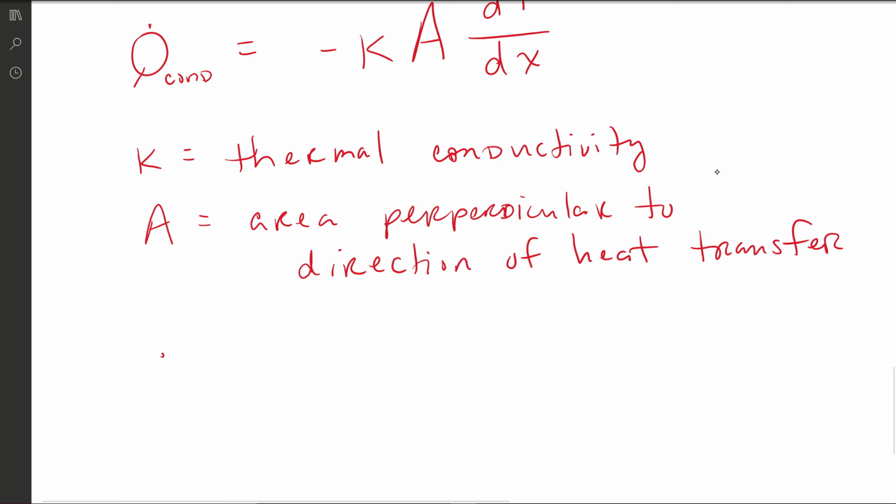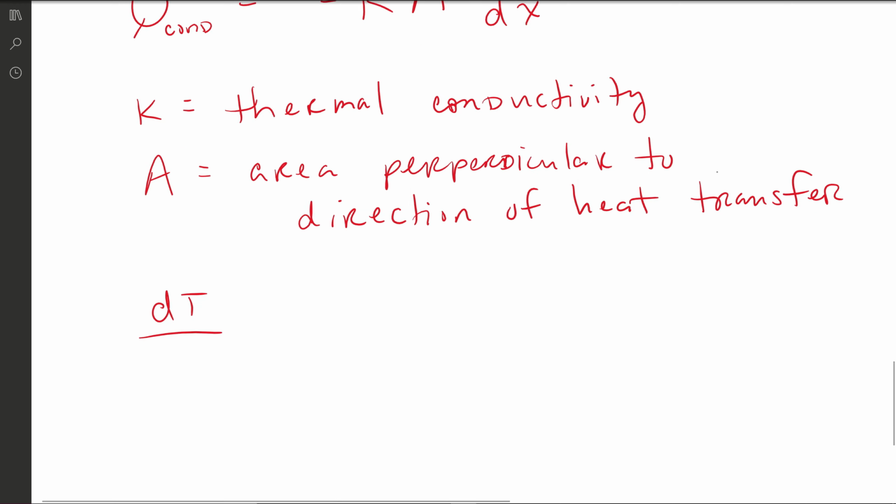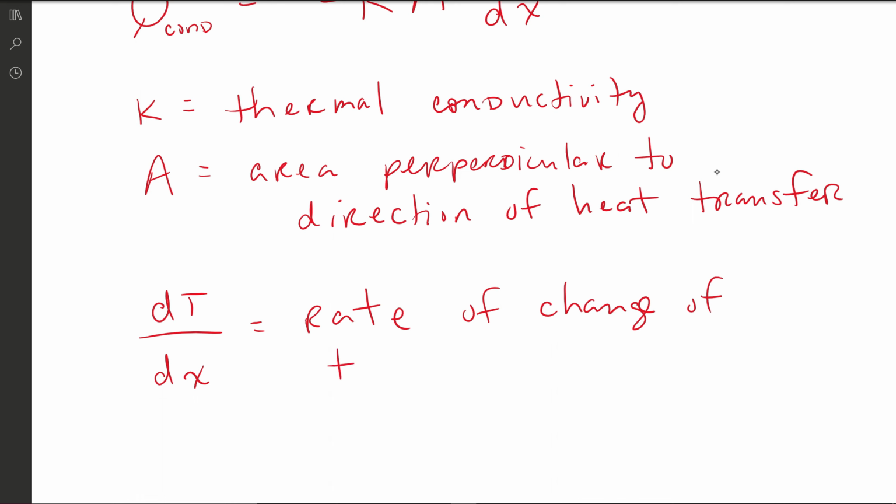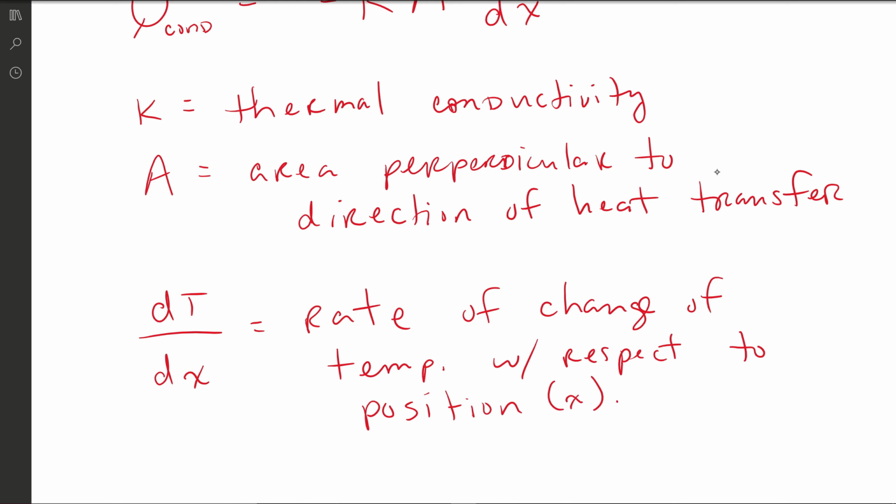And then lastly, we have what you probably remember from your calculus, dT over dx. So this is just, nothing too complex, the rate of change of the temperature with respect to position x.